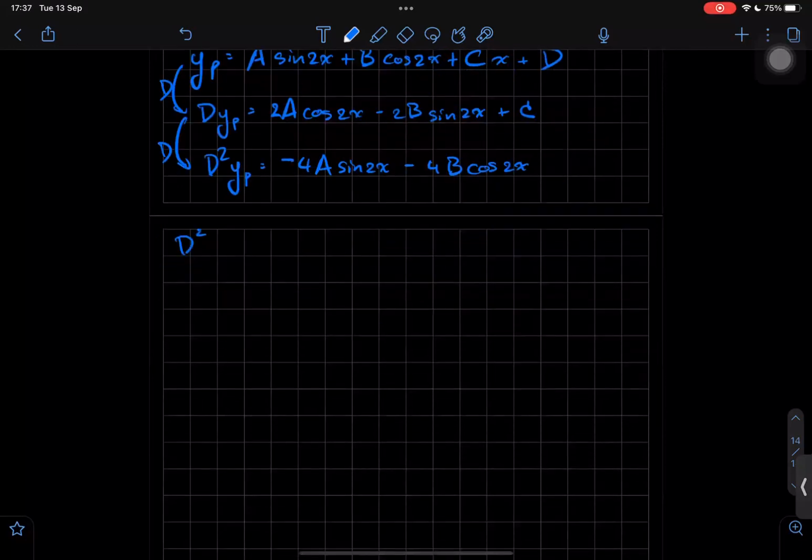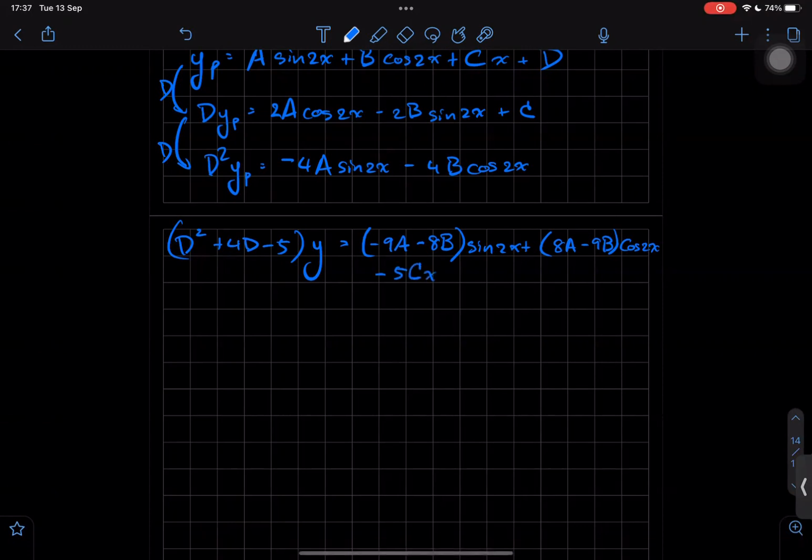So D squared plus 4D minus 5, y will equal minus 9a minus 8b sine of 2x plus 8a minus 9b cos 2x, and also minus 5c x plus 4c minus 5d.